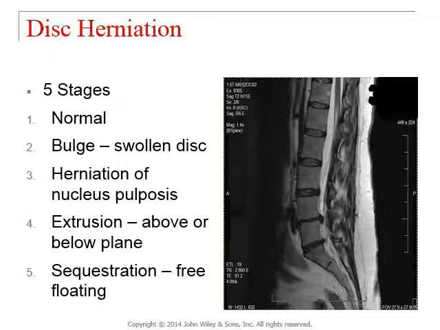If it gets too far out, it goes away from the plane of the disc itself. It's known as extrusion. But if a piece were to break off, and I have seen this, it can cause massive problems and cause infection, inflammation all through the spinal cord. It can be very detrimental to the patient themselves. That's what's known as a sequestration. It's free floating up and down in the spinal canal.